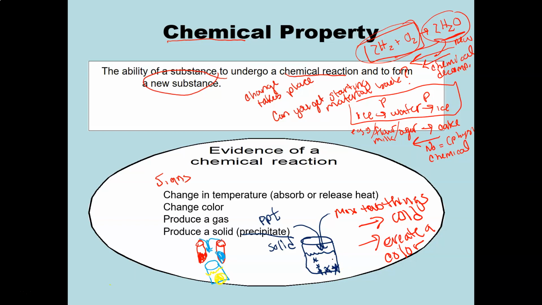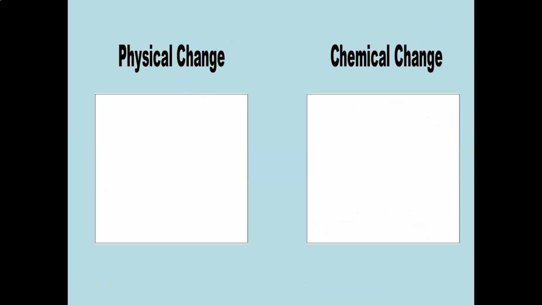When they fall to the bottom of the beaker, it's like snow falling, and we call snow a form of precipitation. So when crystals fall to the bottom of the beaker, it is precipitating.